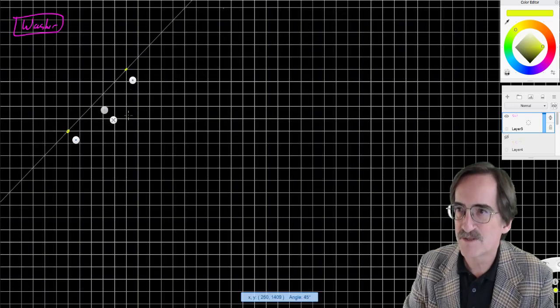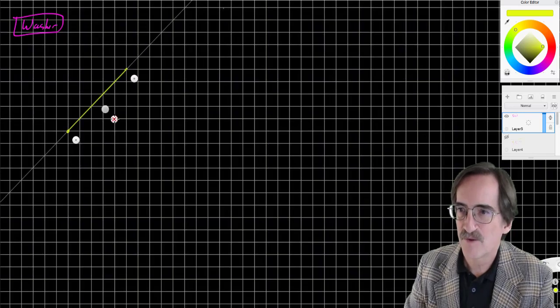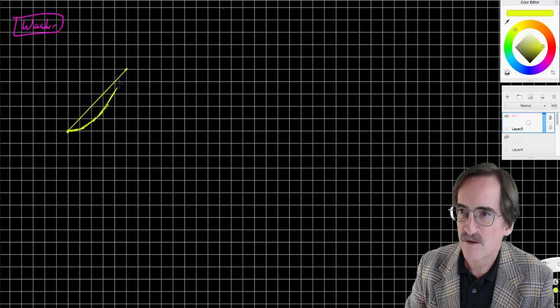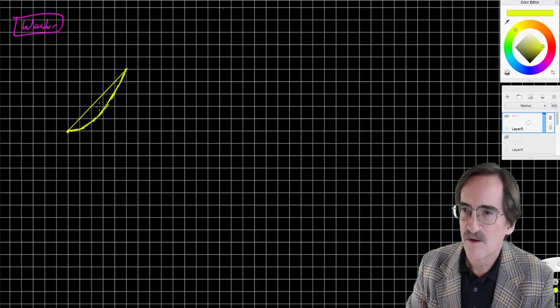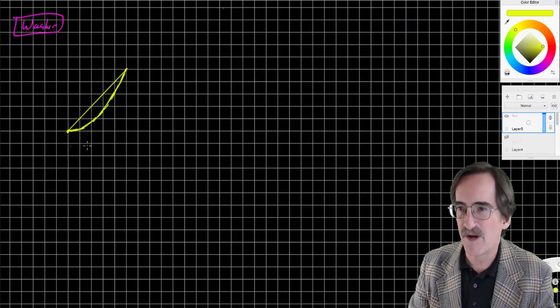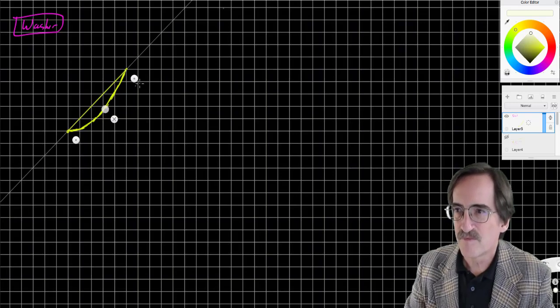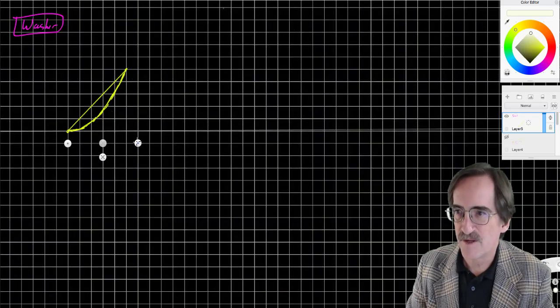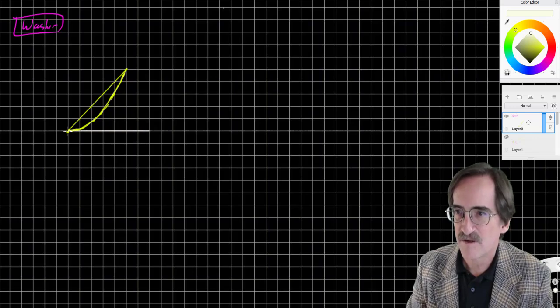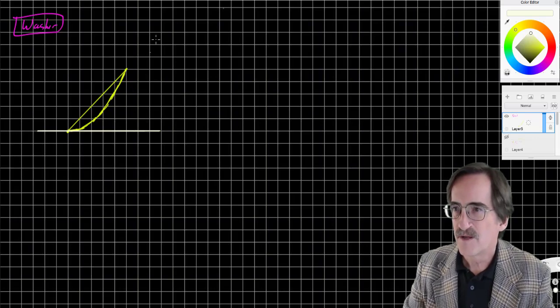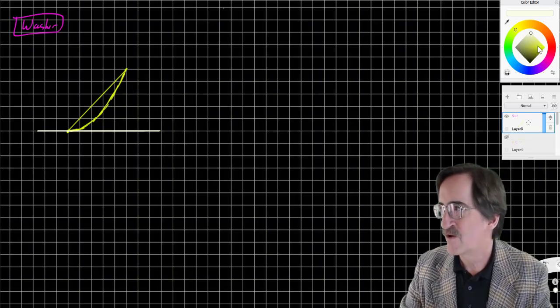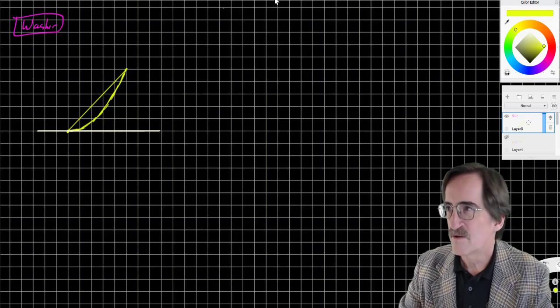Y equals x, which is the diagonal, and y equals x squared. And we take and spin this about the x-axis. Spin this around the x-axis. Okay, in this case, we would have this shape here.